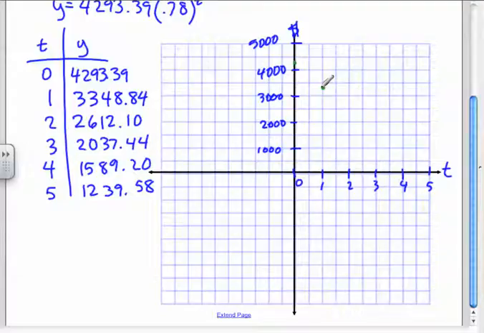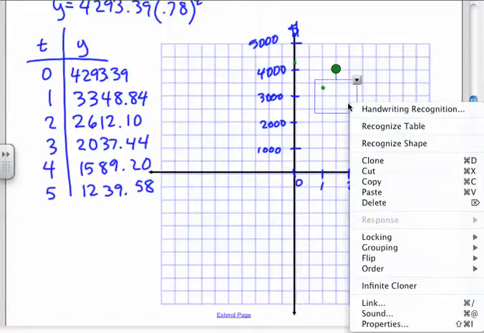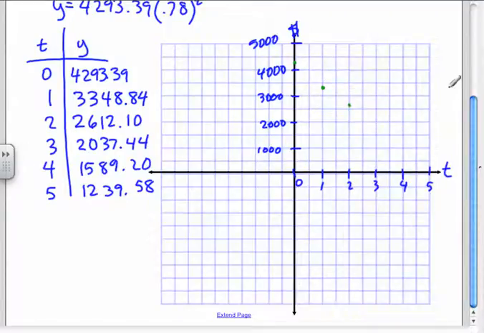All right, 612 is going to be about right there. Okay. And then after 3 years, it was 2,037. So that's right on the line there. 4 years is 1,589. So that's going to be about right here. Okay. And then after 5 years, it was 1,239. All right, so that's going to be about right there.